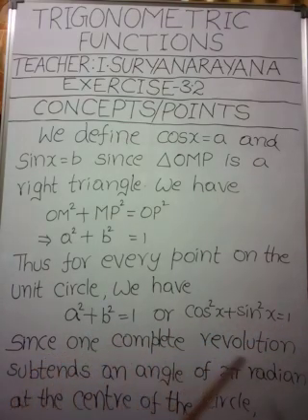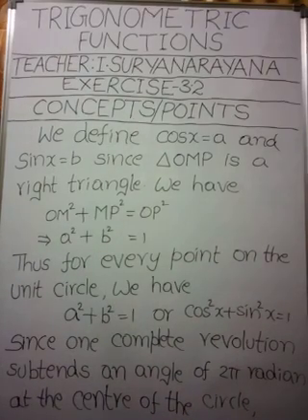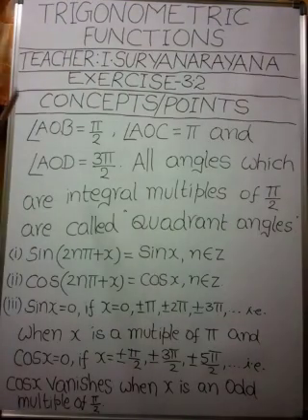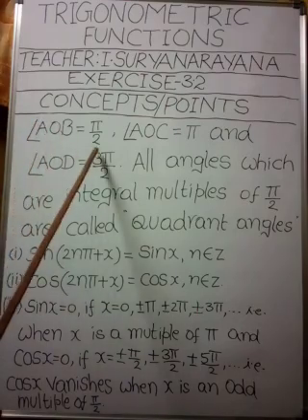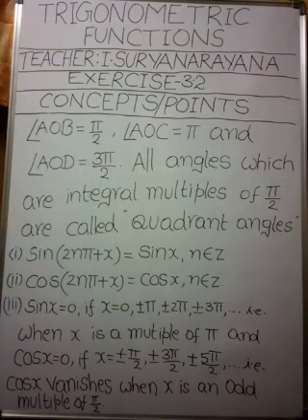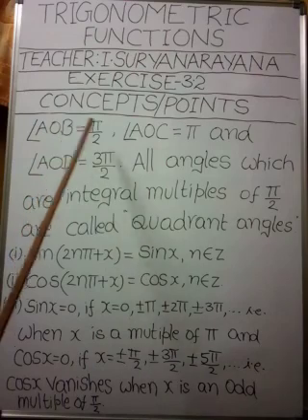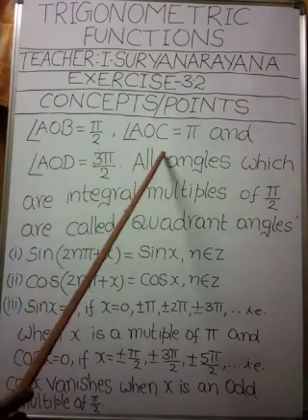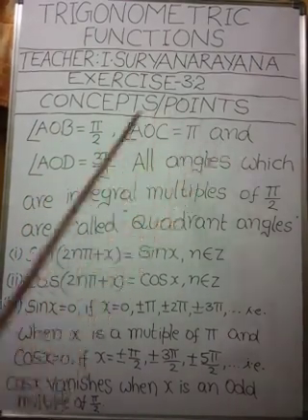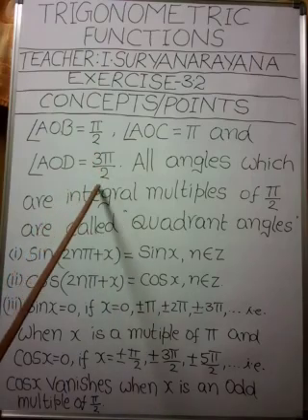Since one complete revolution subtends an angle of 2 pi radian at the center of the circle, angle AOB is equal to pi by 2, angle AOC is equal to pi, and angle AOD is equal to 3 pi by 2.